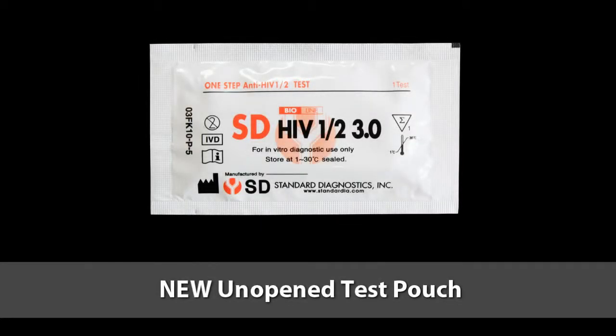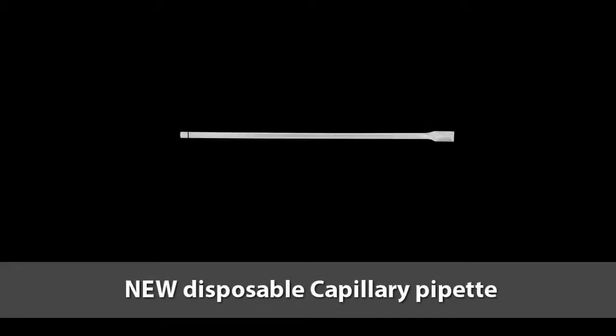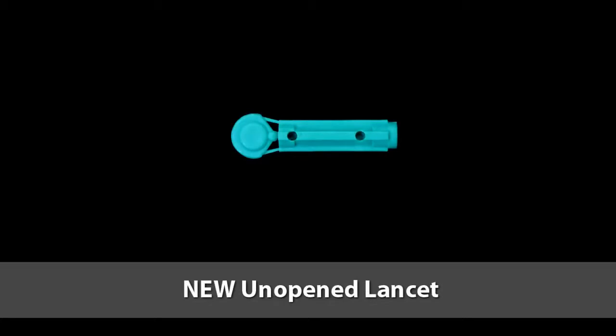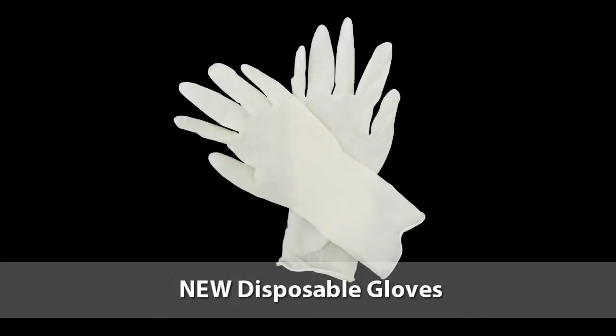New unopened test pouch. For whole blood test, new disposable capillary pipette. For whole blood test, new unopened alcohol swab. For whole blood test, new disposable lancet. New disposable gloves.